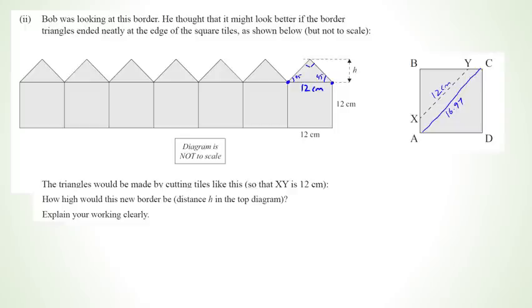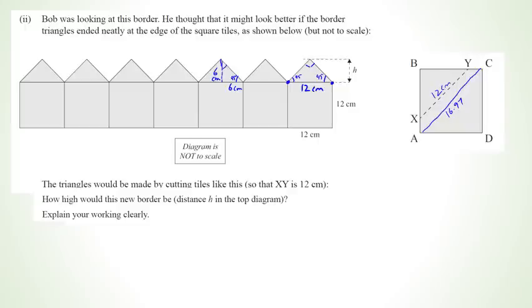What you could do is halve this, and when you halve this, you're going to end up with 6 centimeters here, and that being 45 degrees. Because that's 45 degrees, you can see that you're creating an isosceles triangle. So if you create an isosceles triangle, then H is also going to be 6 centimeters. So yeah, that's one way of doing this.